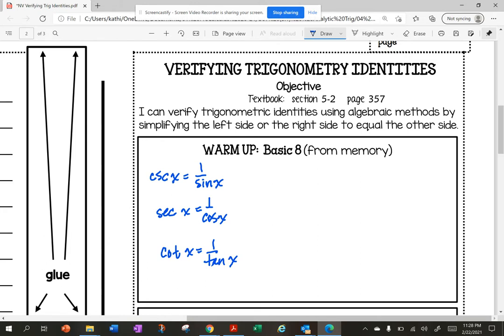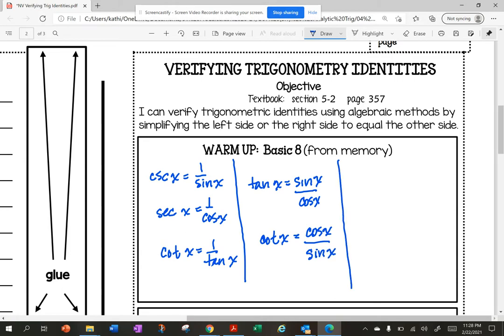So these are the reciprocal. The ratio: the tangent of x equals sine of x divided by cosine of x, and cotangent of x equals cosine of x divided by sine of x.